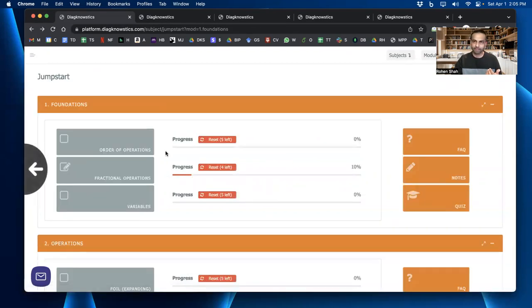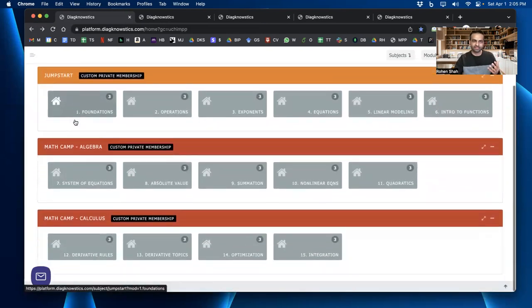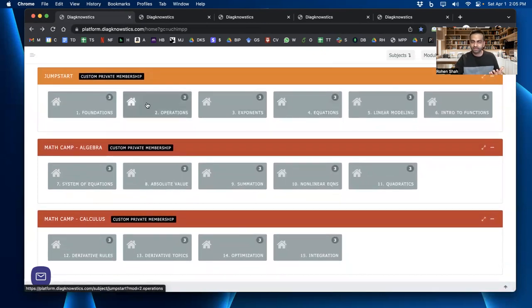As far as the set of topics that we have, for overall math, it's split into three things. One is just Jumpstart. This is the foundational math portion. We make this optional because most students are good with that, but some might not be. So that's for them.